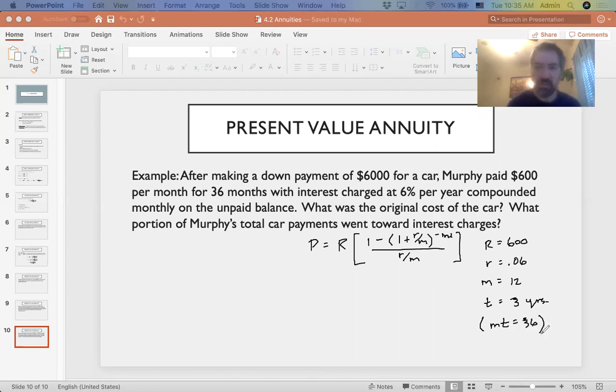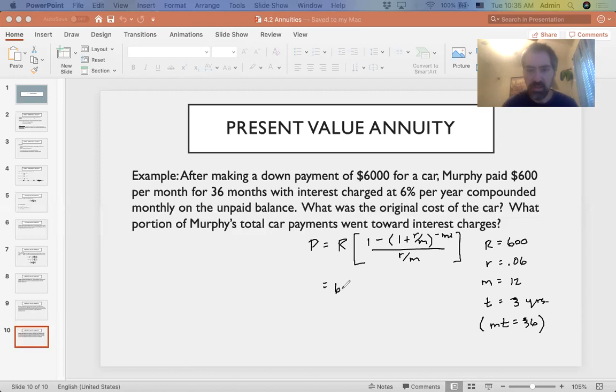Be careful here, because they're giving time to you in months. That 36 months is the number of payments. So if they give it to you in terms of the number of payments, that is M times T.